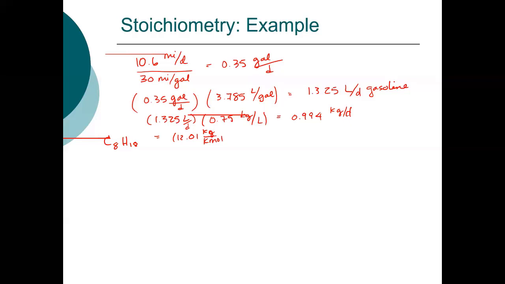But because I've used kilograms, I'm just going to use kilograms per kilomole. We'll multiply this by 8 plus 1.008, again kilograms per kilomole. This is the atomic weight of hydrogen times 18, and that is 114.2 kilograms per kilomole.